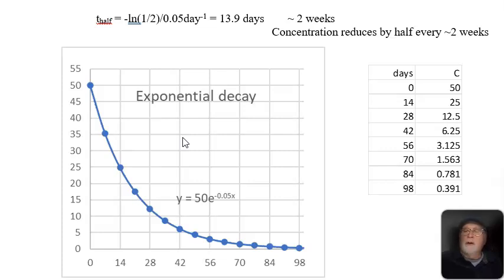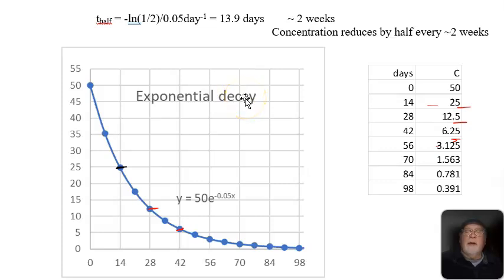So we start out at 50. After 2 weeks, it's 25. After 4 weeks, it's 12.5. After 6 weeks, it's 6.25, right? And so on. So that gives us a feel for how fast it's going down, in addition to the number itself.